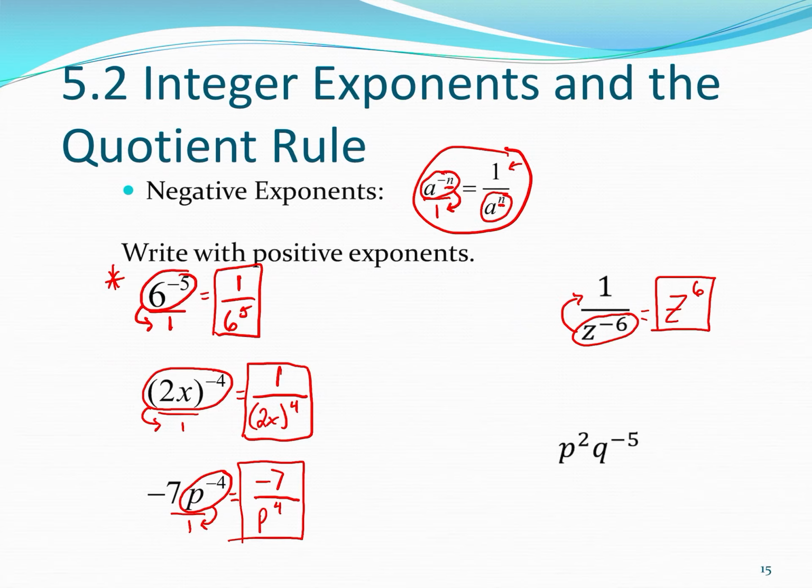And so when you do that, we have, in this case, z to the 6th. And it's technically over 1 because there's nothing left on bottom but a 1. But that 1 on bottom is not needed. If the 1 is on top, like in the first two examples, it is needed. But in this case, it's not.